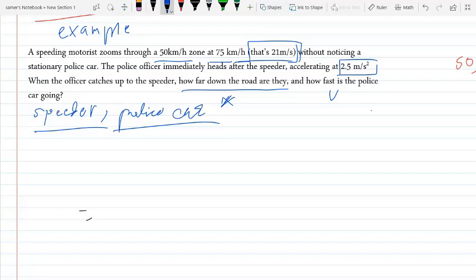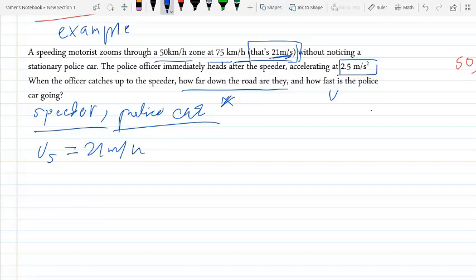The velocity of the speeder, Vs, is 75 kilometers per hour, which is 21 meters per second.